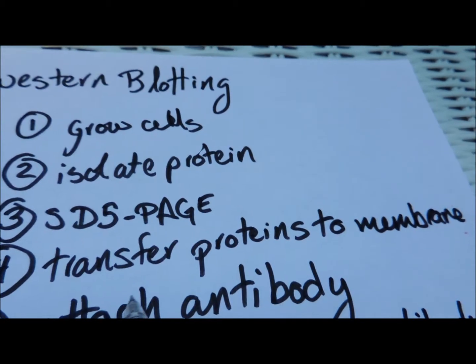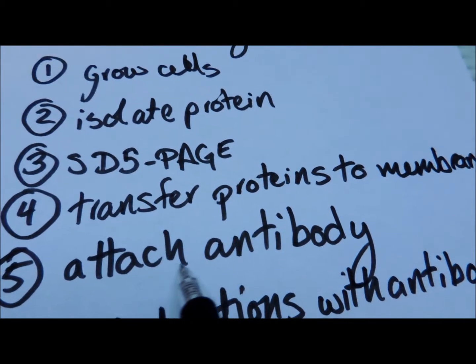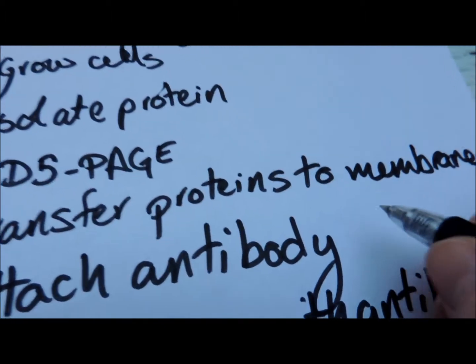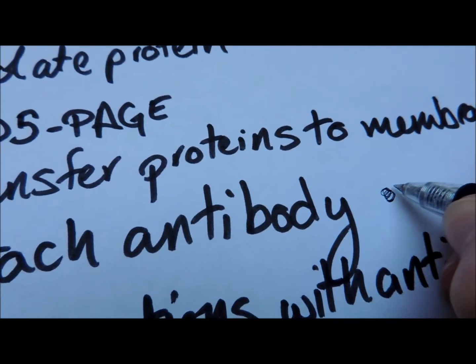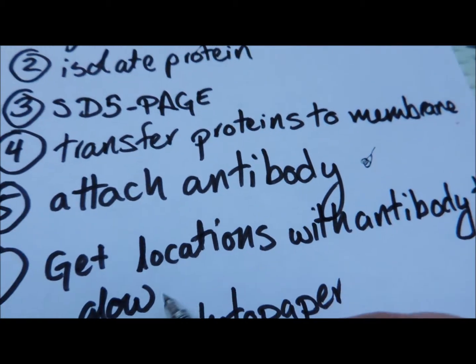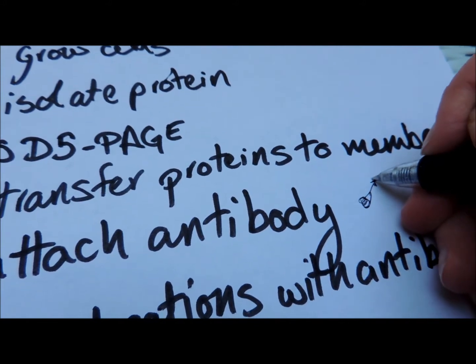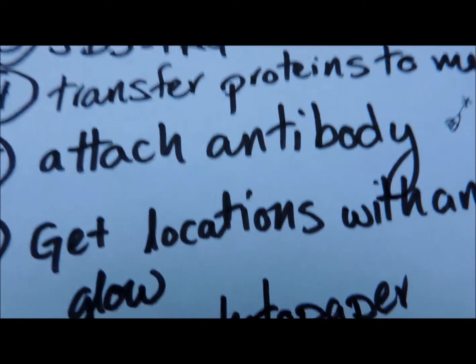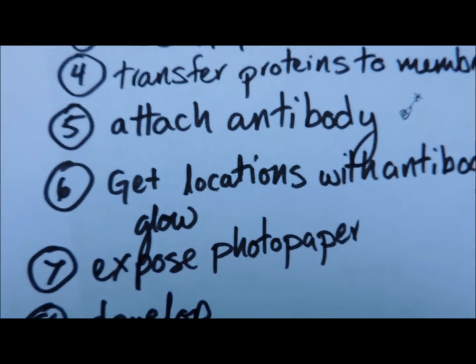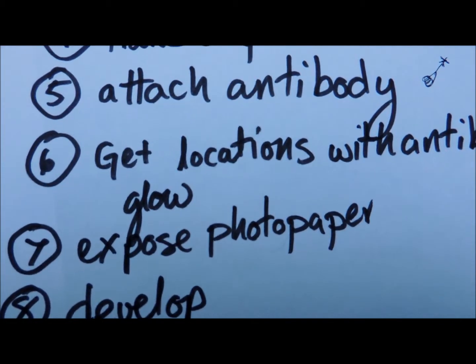That is crucial because the next thing we're going to do is go fishing for our proteins of interest using antibodies. So if you have a protein you're interested in, an antibody would attach to it, and then we're going to go on to the next step where we're going to do a chemical reaction that causes those antibodies to glow.